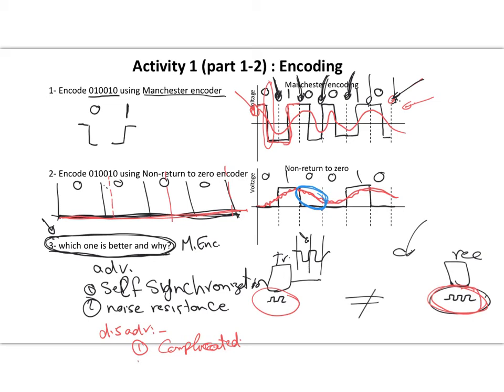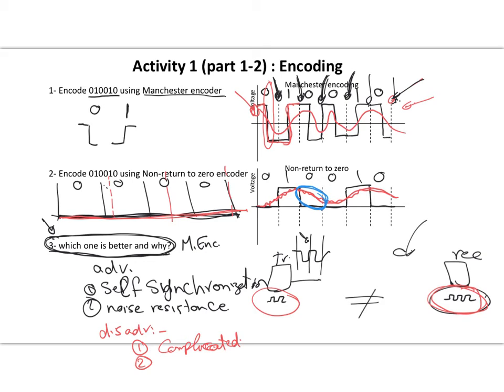But there is another disadvantage here: making more changes in the digital signal increases the frequency of the signal. Of course, the more changes you have in the signal, the higher the frequency will be. So Manchester encoding has higher frequency requirements than the non-return to zero.